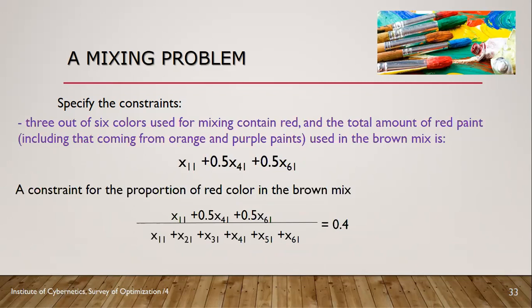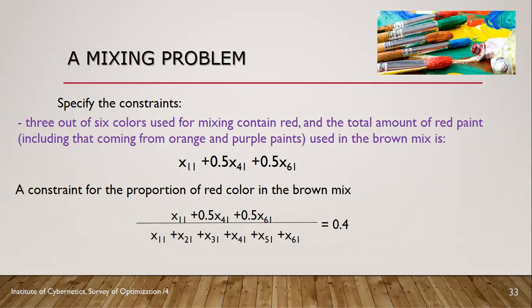Then the proportions. 3 out of 6 colors used for mixing contain red, and the total amount of red paint includes that coming from orange and purple, which are mixed in the brown mix. Remember that to receive red, we need to mix them in equal proportions, half of one and half of another.